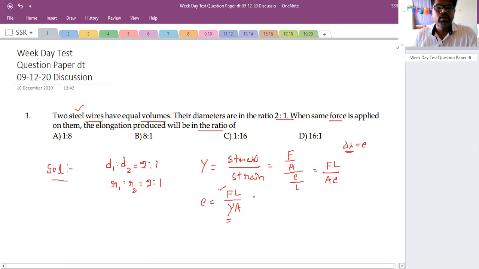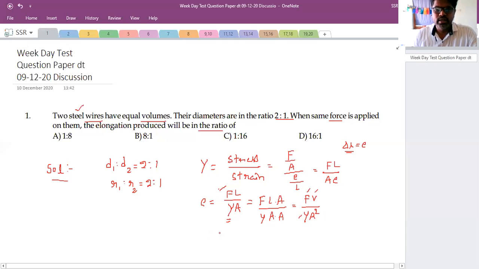Equal volumes, so their volumes are the same. Then in terms of volume, F into L into area of cross section, divided by Y into area of cross section into area of cross section. A multiplied and divided, then it becomes F into V by Y into A square. Now the volumes are equal and the force applied is equal: F same, V same, Y same because of the same material.